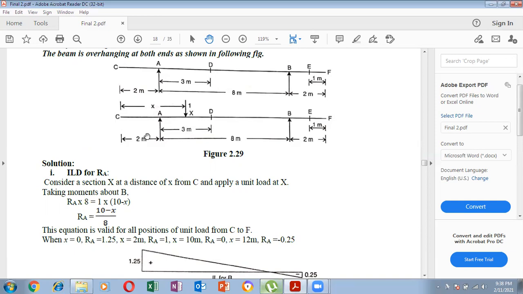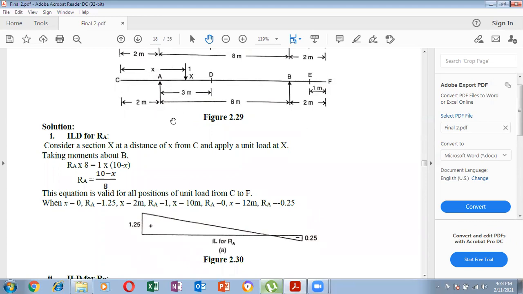This equation is valid for all positions of the unit load from C to F.